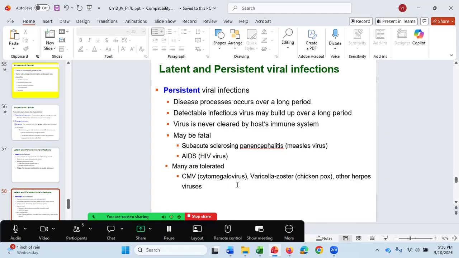cytomegalovirus. My mother actually had varicella zoster for the last 3 years of her life, where she came out with shingles, and the shingles never went away. So she was one of the unlucky few who had a persistent viral infection, and she always had the shingles for the rest of her life.